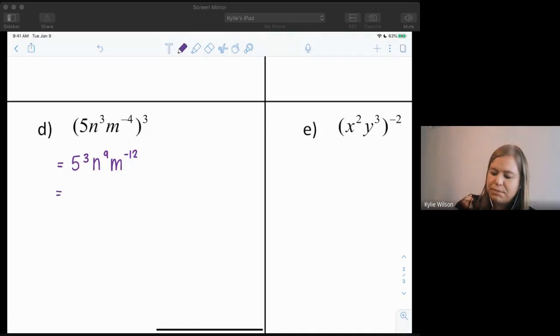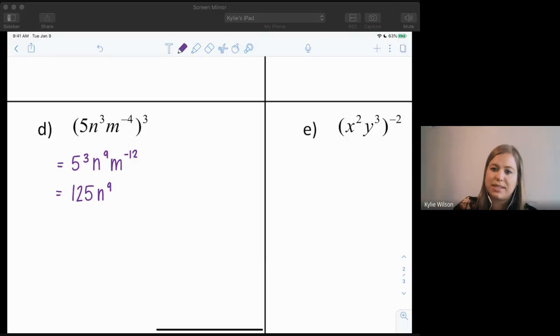Now we can simplify this a little bit more. So 5 to the power of 3 is 125. N to the power of 9 has a positive exponent, so it stays living in the numerator. But for m, I have an exponent of negative 12.